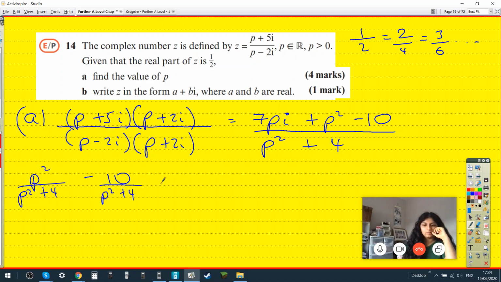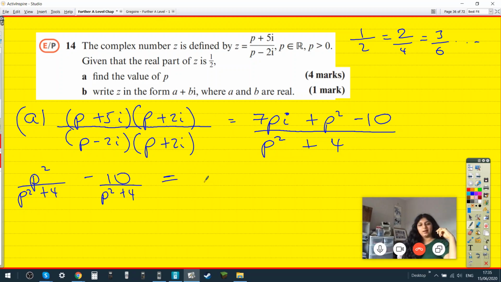And then you have the imaginary bit, 7pi over p squared plus 4. But I think you can just ignore that because it doesn't really matter what it is. Right. So how do we find p? Solve that somehow. It has to be equal to something.